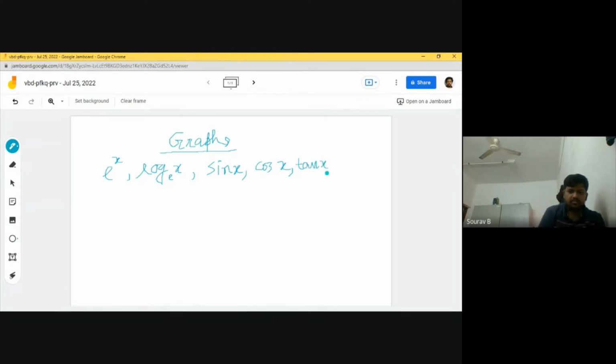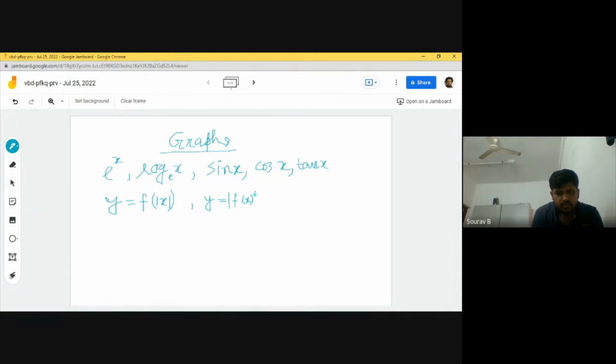Once we are done with these things, we'll start y equal to f of x. Once we are done with y equal to f of x, we will start with y equal to f of mod x, then y equal to mod f of x.